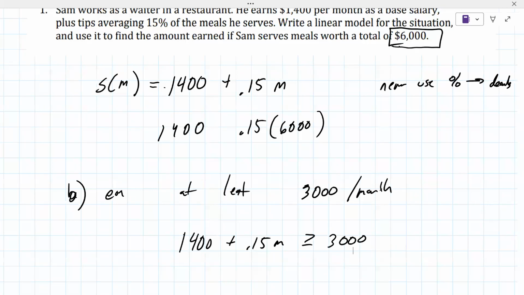Like the ones I'm looking at here on your review, you didn't have to determine the slope or anything like that. You just had to write the equation. So I feel like we've done that. Let me see if I can find some absolute value word problems. That's another one on here.